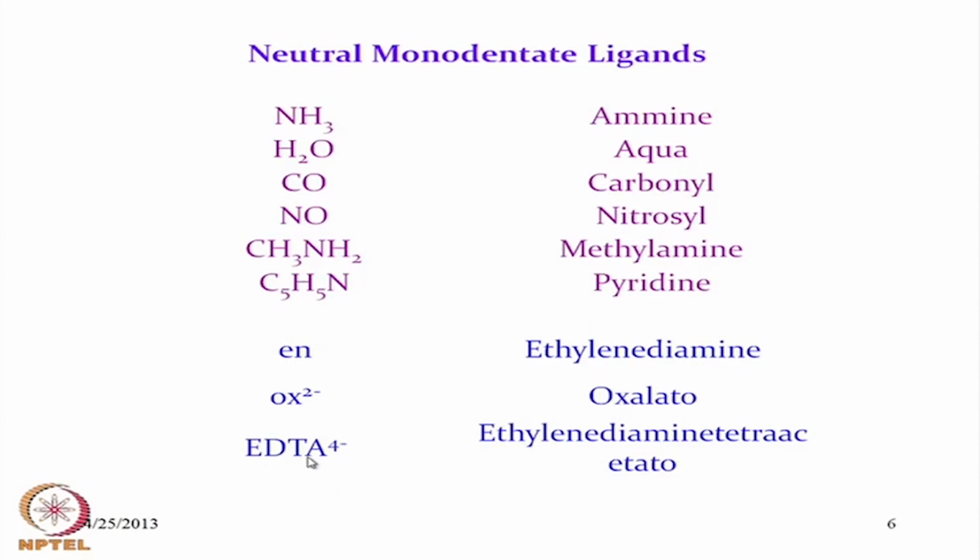Similarly, on an ethylene diamine backbone, if we substitute all 4 hydrogens by 4 acetic acid substituents, then we get ethylenediaminetetraacetic acid, and in the anionic form when 4 of them are deprotonated, we get ethylenediaminetetraacetato coordination.